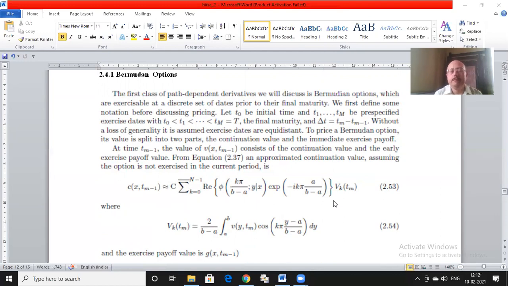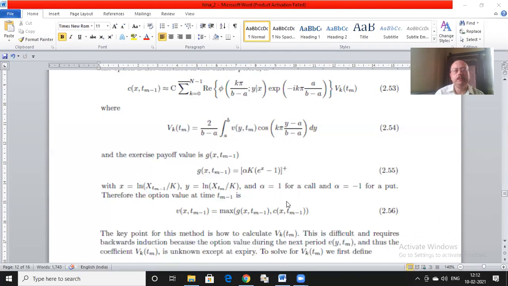So once again, have you checked this thing? The expressions have some problems, but conceptually, is it clear to you how the calculation is going to operate? At each exercise node, I am going to compare between continuing and immediate exercise.